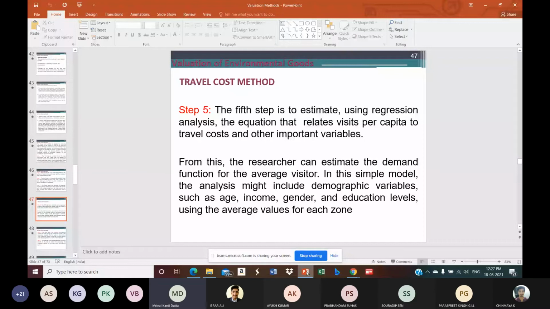Those types of things can be estimated. So relevant variables like income, age, gender, education levels, all those things will be considered here in the regression model, and these will help us in estimating whether the number of visits to the place will vary according to this type of socioeconomic or demographic variables.